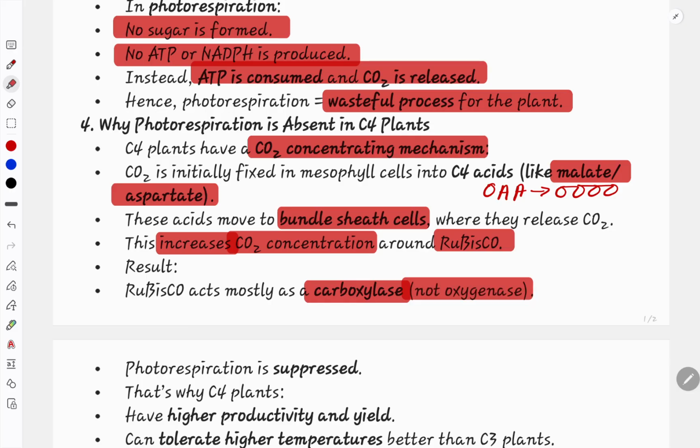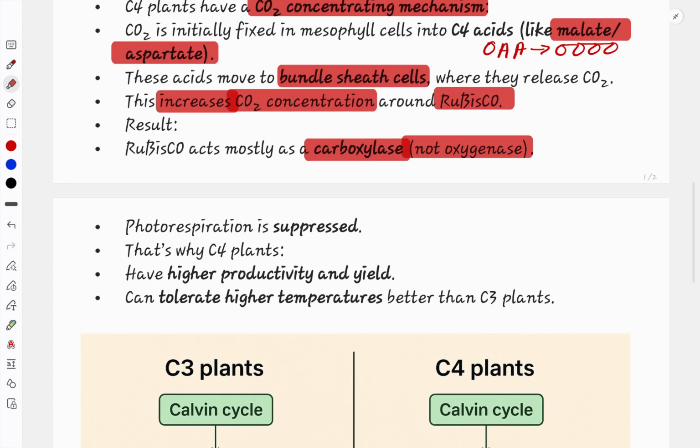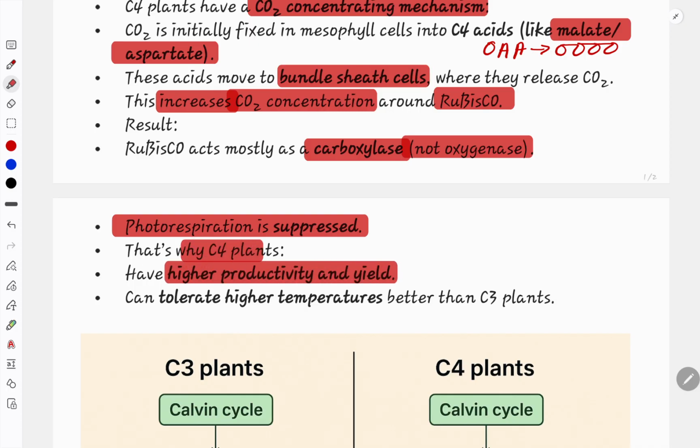Because there is availability of carbon in the form of malate or aspartate. Photorespiration is then suppressed because of the availability of carbon dioxide. That is why C4 plants have higher productivity or yield. They can tolerate higher temperature better than C3 plants.